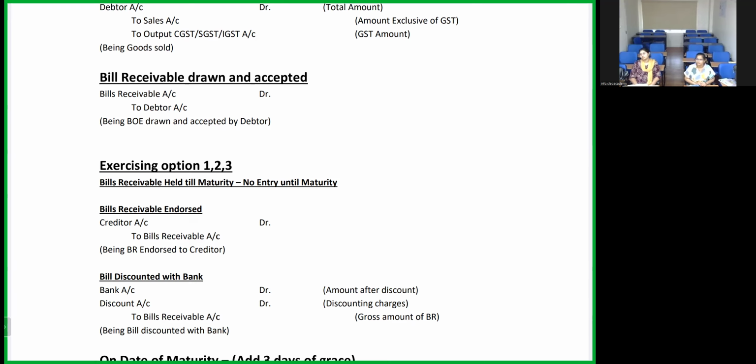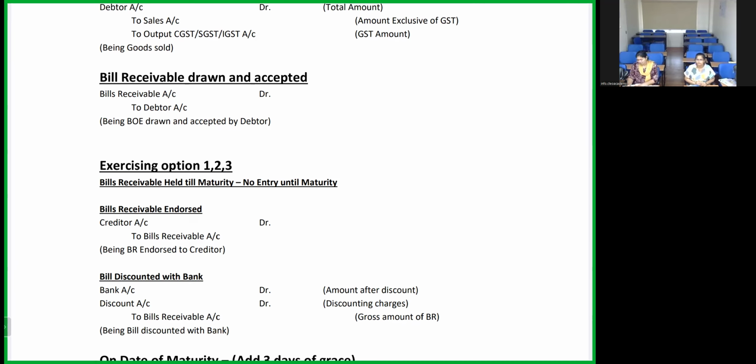So what I'm doing is instead of making the payment, I've given him bills receivable. So I've settled my creditor. So creditor account debit to bills receivable account. I've closed bills receivable and closed my creditor also. Being bills receivable endorsed to the creditor.